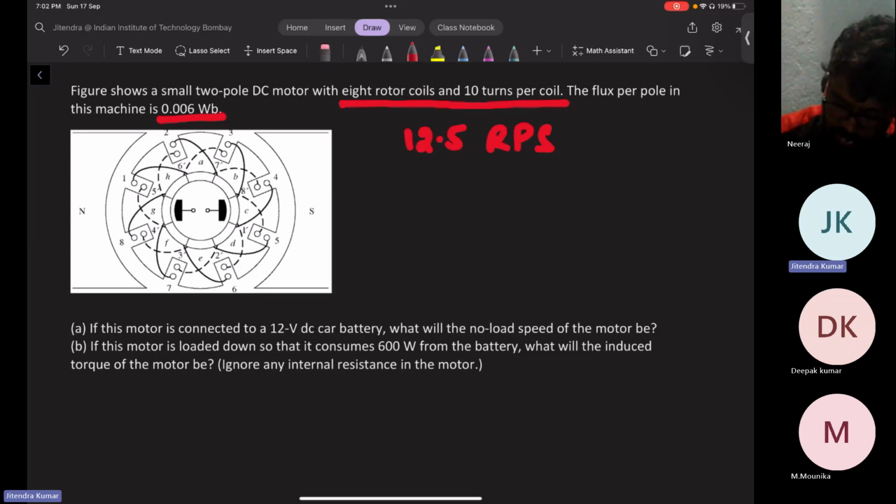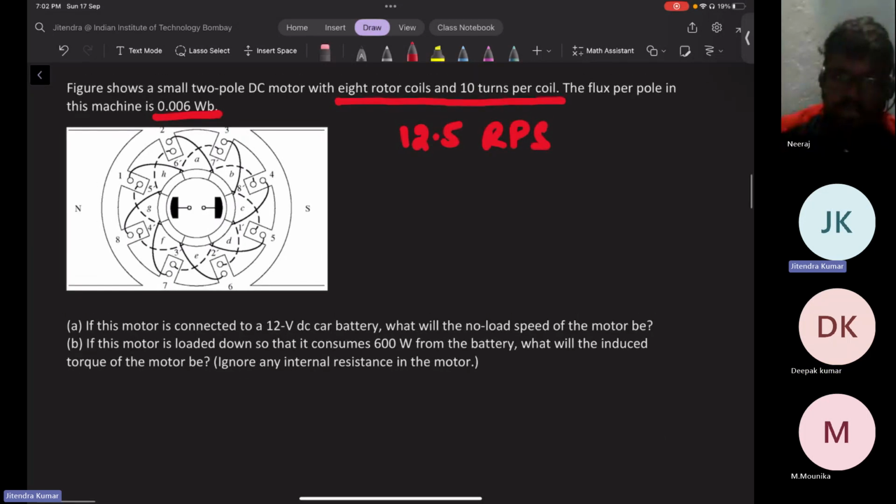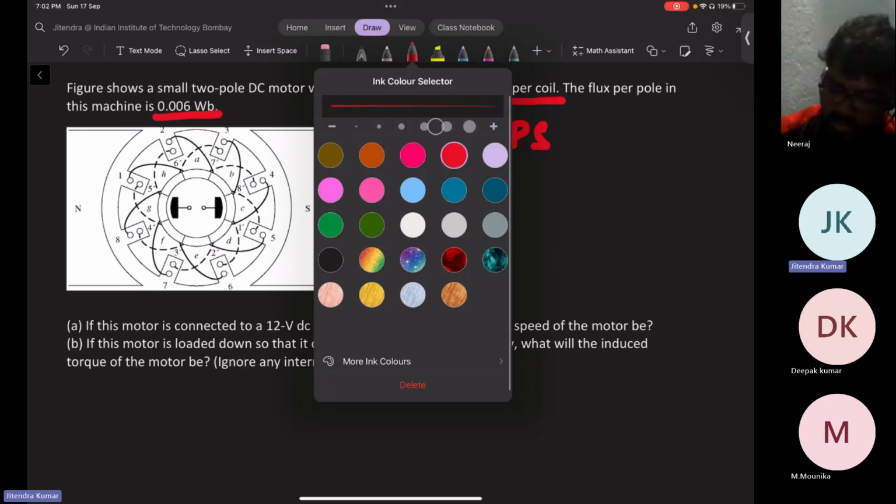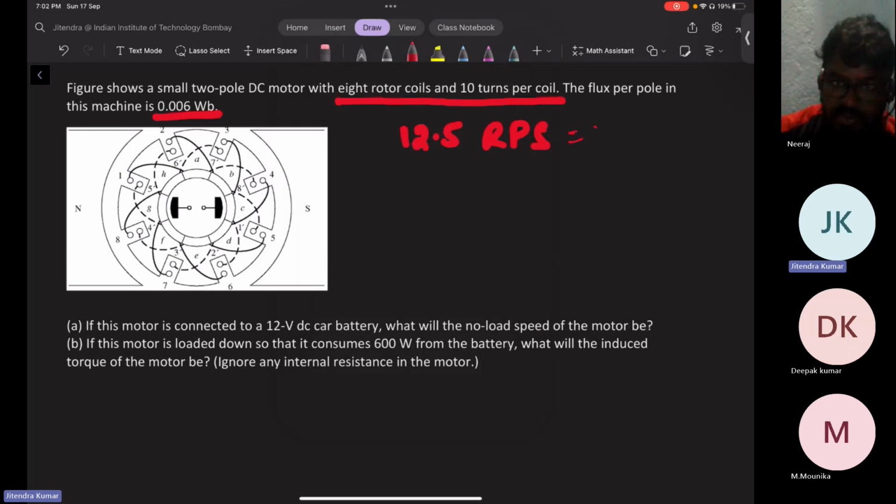If I try to convert into RPM, then 12.5 into 60, so it will be around 750 RPM.